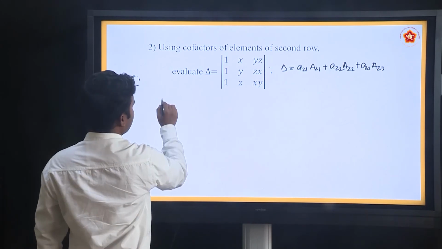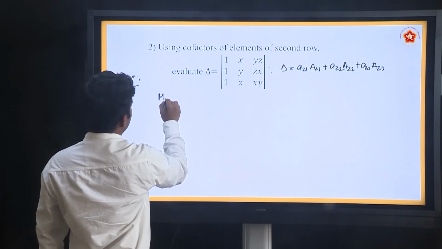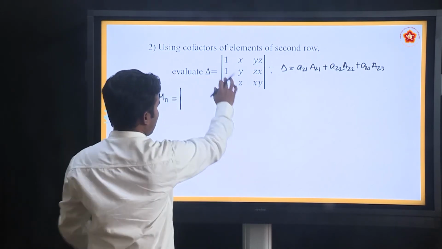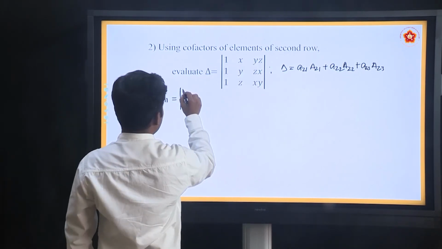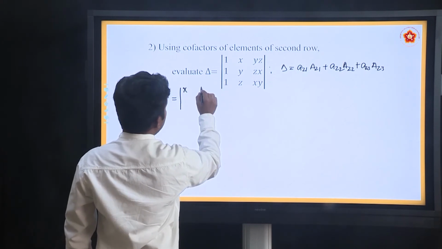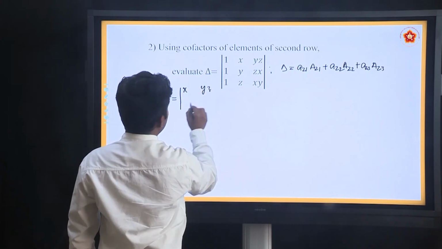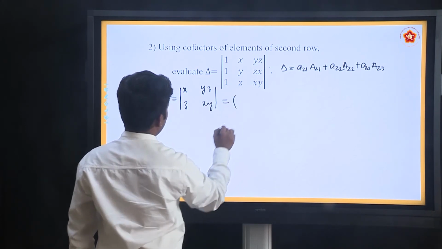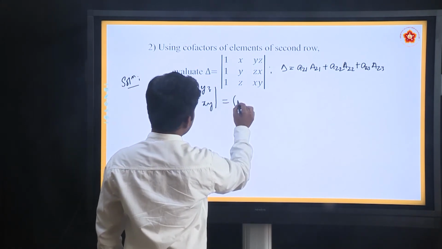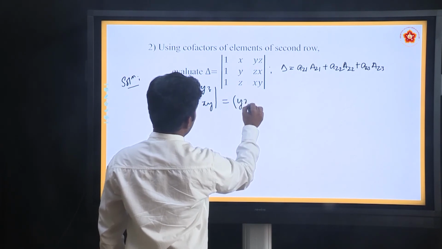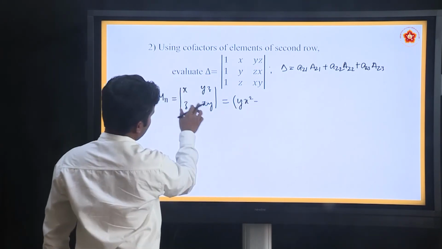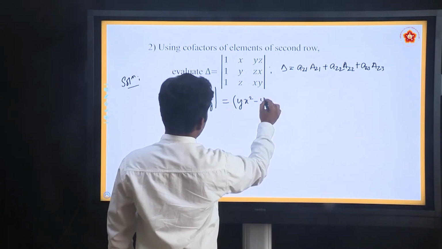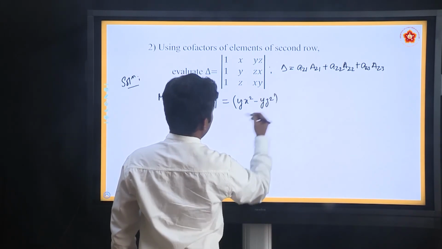So, what is the minor of this element? That is M21. See, what you can do is you just delete the second row and first column and take the other elements in determinant form: x, y, z and z, x, y. You just expand this. What is this? y into x square minus x into x square with y, and minus this becomes y into z square.